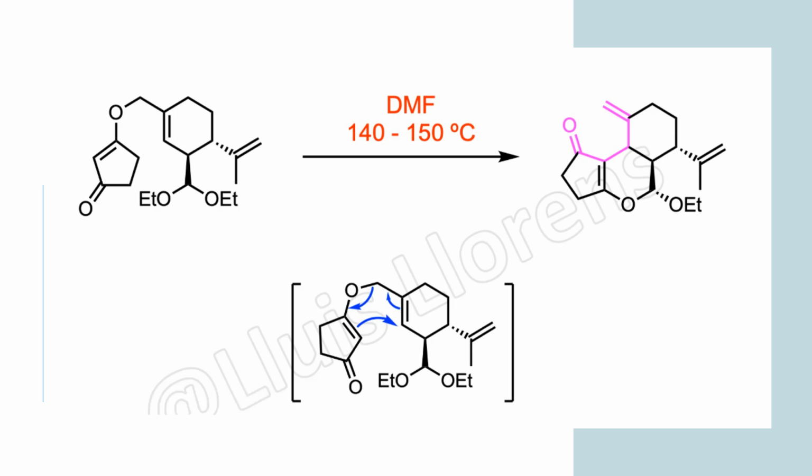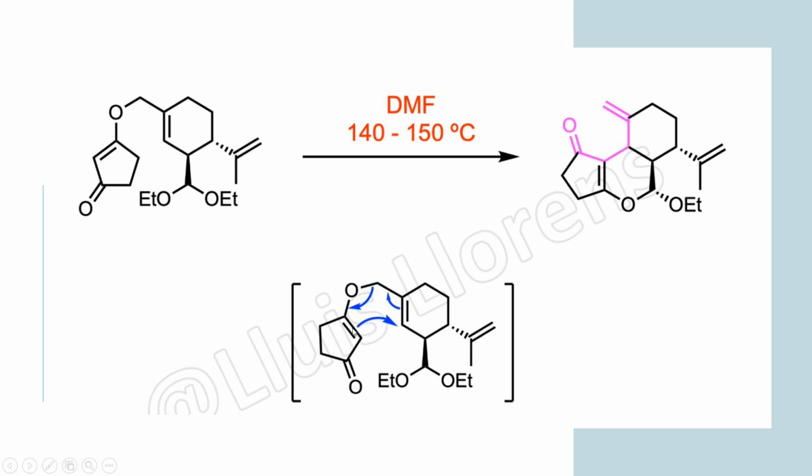So in the reaction given, what happens? The starting material undergoes a Claisen rearrangement, 3,3 sigmatropic rearrangement as shown here.